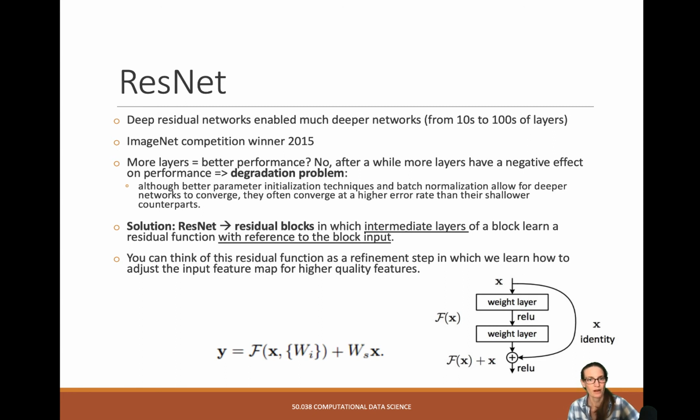Even though we have better parameter initialization techniques now and techniques like batch norm that allow deeper networks to converge, let's not worry about these for this course. Deeper networks are often harder to converge, okay? So this degradation problem is solved by using ResNet.